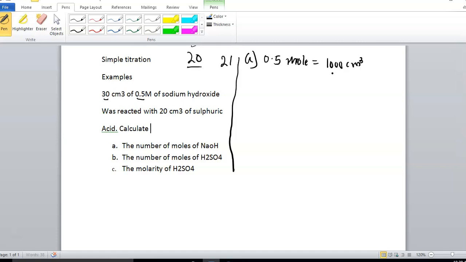What about 30 cm³? 30 cm³ of the base, how many moles will it be equal to?